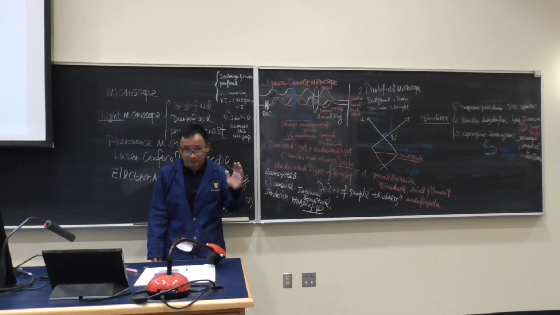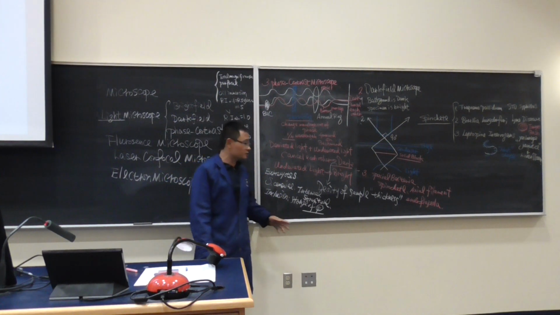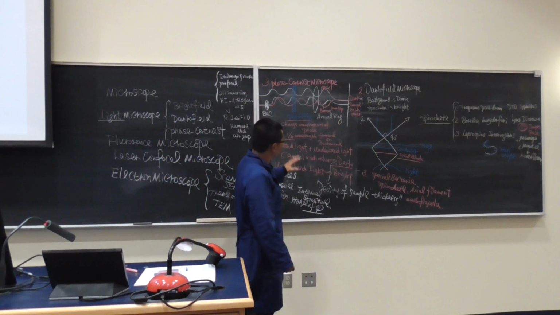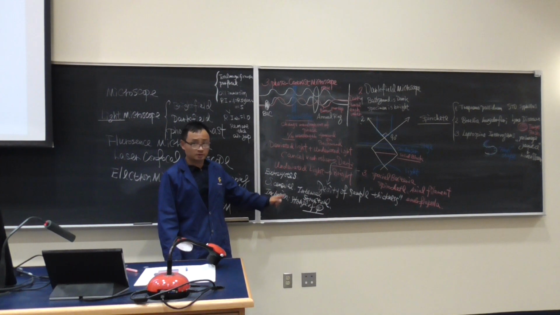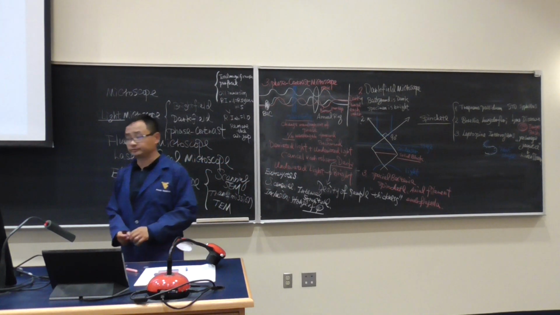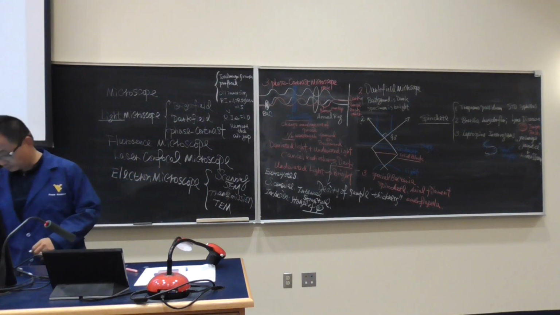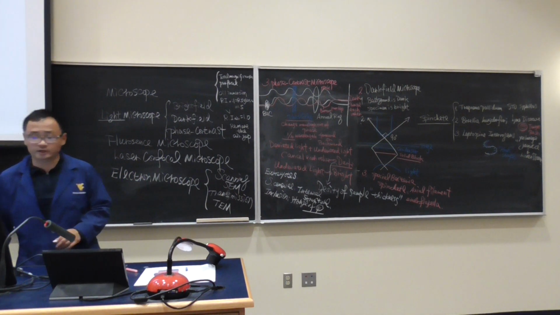We could see the internal structure much more clearly. But before the electron microscope came out, 15, 20, 30 years ago, lots of universities had phase contrast microscopes because we can see the internal structure of some live cells without doing staining technology. You can directly see it. That's the reason. Okay, so it's magic stuff for the phase contrast microscope.